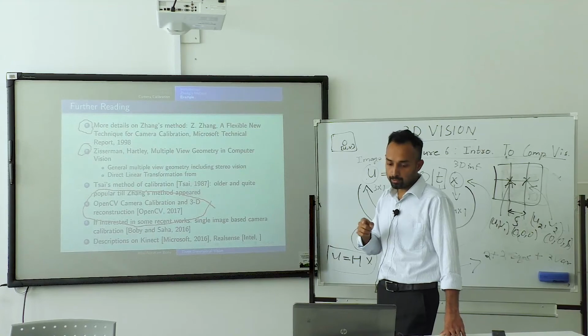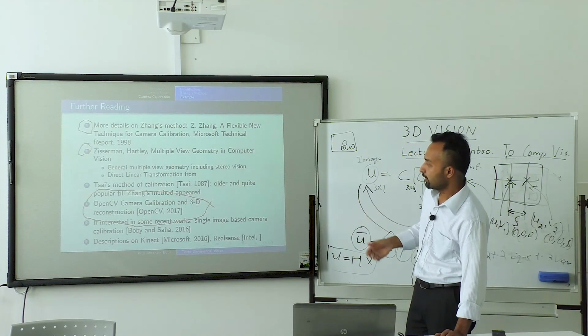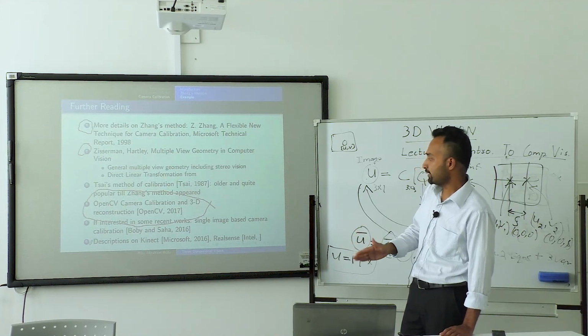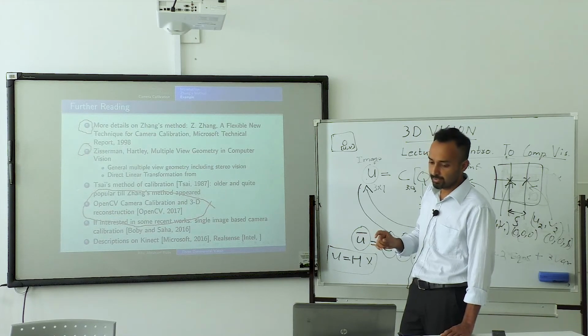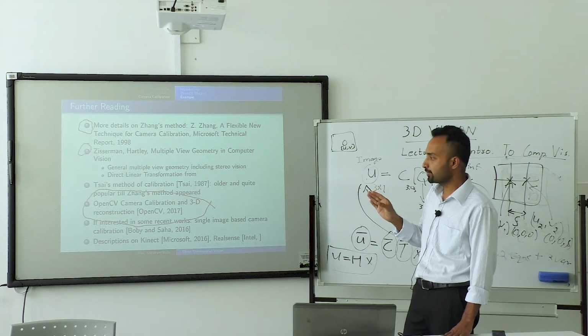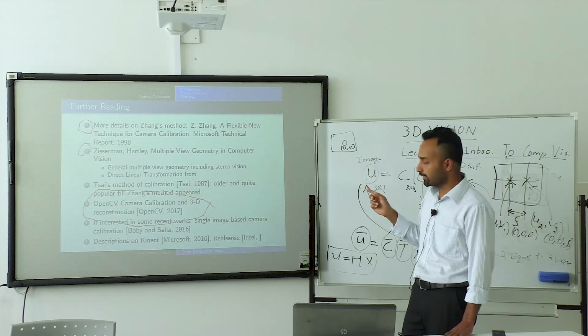I also suggest this if you are interested in recent research directions. I have also been working on single image based camera calibration, which you can find in this particular paper. And in the last 8 or 9 or 10 years, there have been multiple devices which make three-dimensional measurements, and those are Kinect and RealSense.